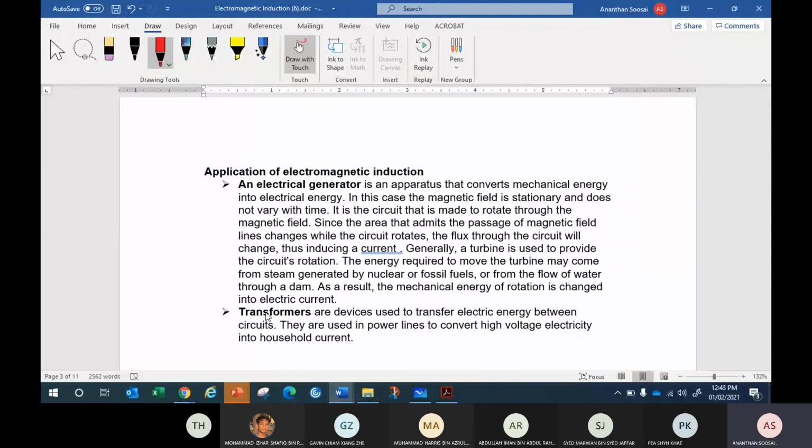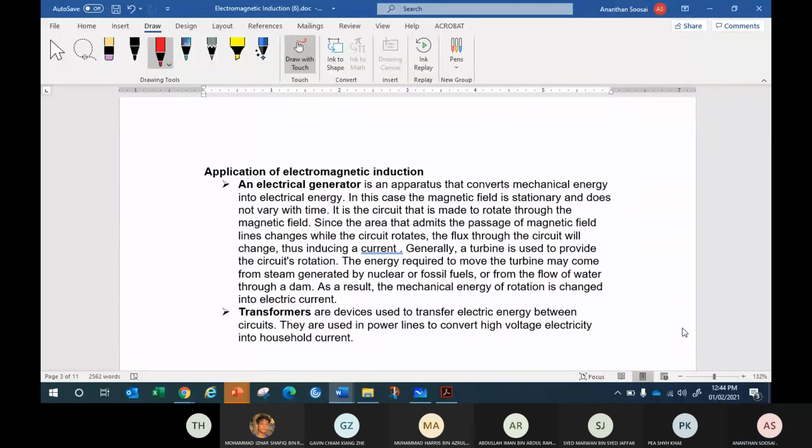Second, definitely the transformer. Transformer is another application of induction. A world without transformer, what's the problem you're going to face? The voltage cannot be altered. You can't charge your phone. The TNB gives us 230 volt.